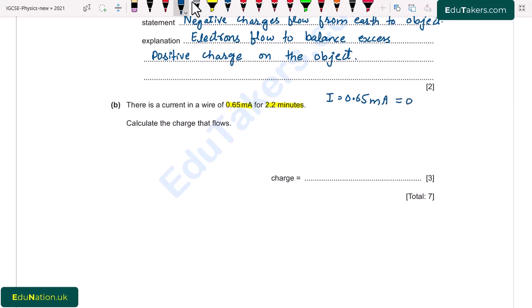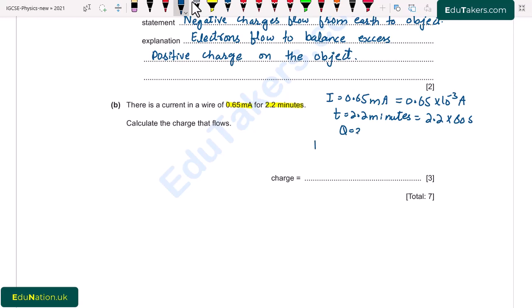I write here 0.65 times 10 to the power minus 3 ampere, and the time is given as 2.2 minutes. We have to convert it into seconds, so I write here 2.2 times 60 seconds. And we have to find the charge Q.